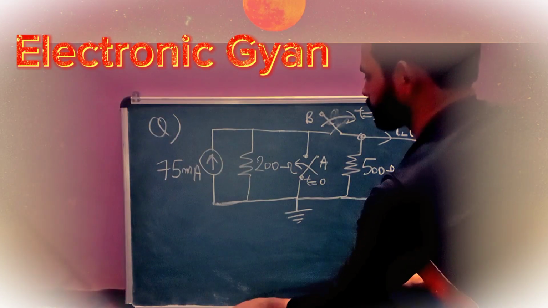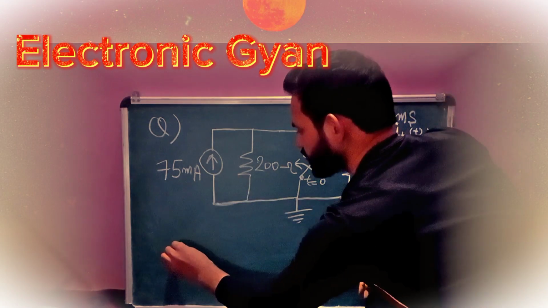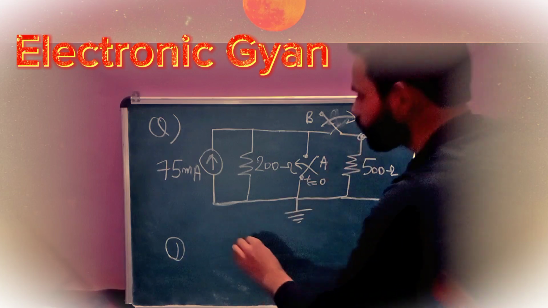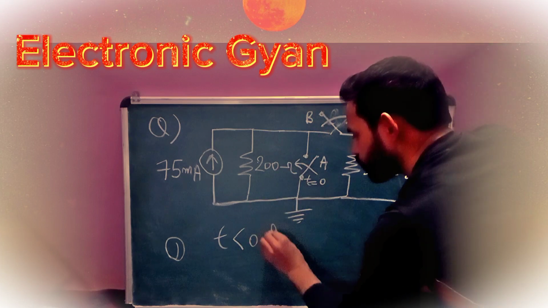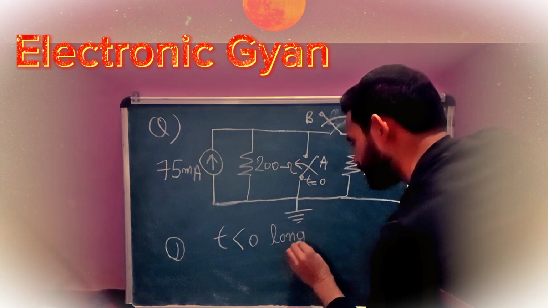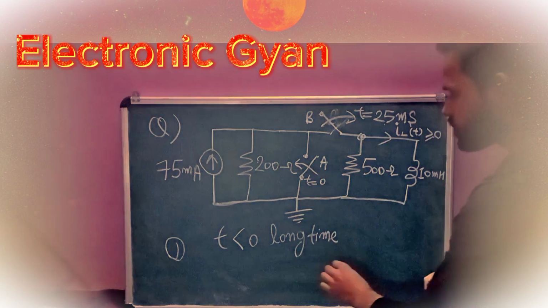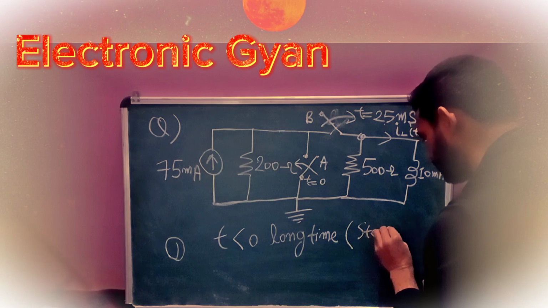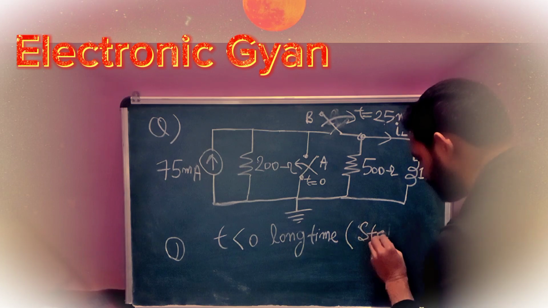Let me rub this first. For the first case, we are going to see this circuit for time t less than 0, for a long time. For a long time means it will reach steady state.